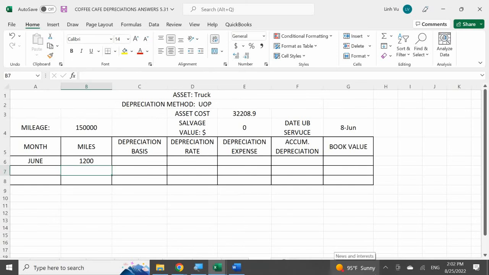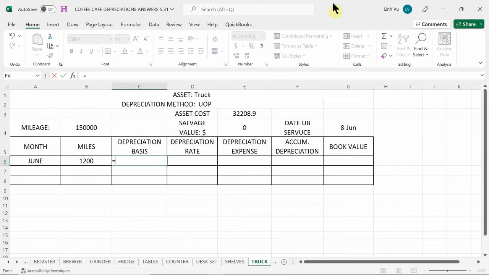So in this case, what's my depreciation basis? Shoot.